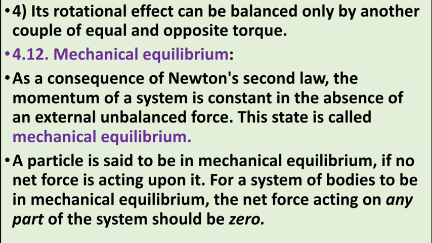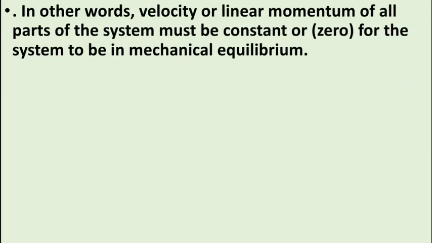For a system of bodies to be in mechanical equilibrium, the net force acting on any part of the system should be 0. In other words, velocity or linear momentum of all parts of the system must be constant or 0 for the system to be in mechanical equilibrium.